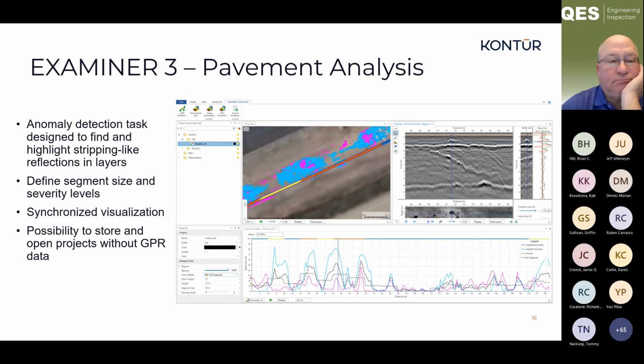Apart from the top right panel, the rest is areas where you have potential stripping. If I remember correctly, the blue would be where the layer is too thin, and the purple would be where you have some unexpected activity in between a layer. That is highlighted, and then you have a simple slider to saturate or desaturate that image.